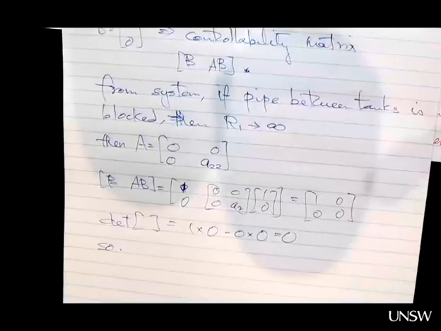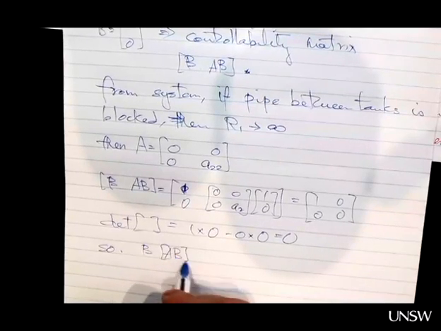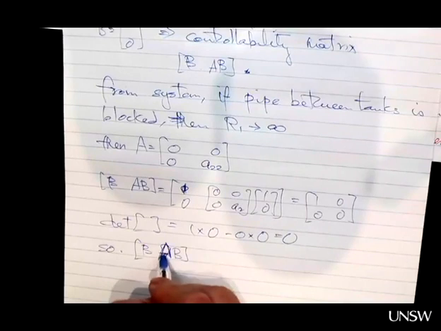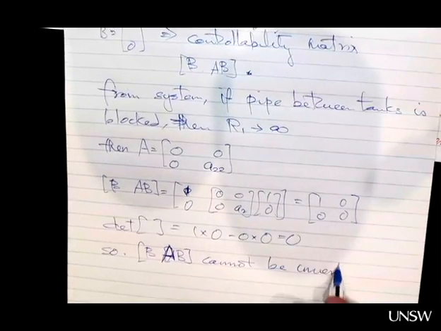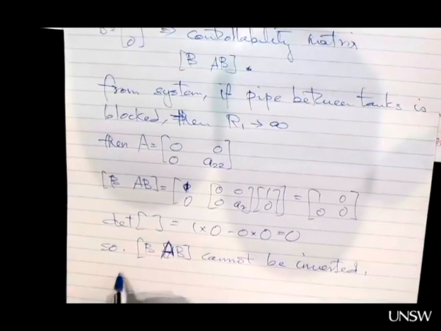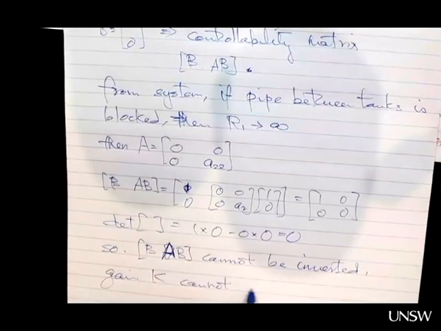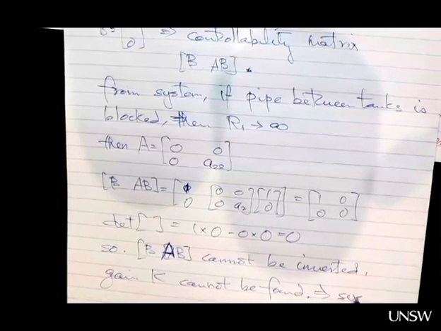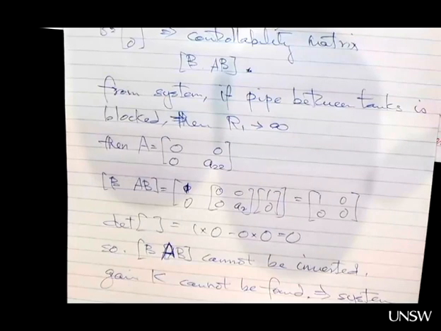So the matrix cannot be inverted, so gain K cannot be found. So the system is not controllable. Is it okay? Agree with this concept?